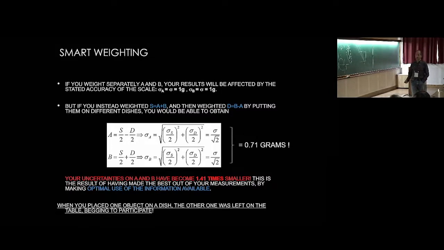Basically, the rationale behind all of this is that when you are weighing one object, the other one is left on the table and is asking you to participate, but you leave it alone, okay? Instead, if you let it participate in your measurement, it affects the extracted information. All right, so this is a very silly example, but it illustrates the point. Error propagation works and gives you a lever with which you can extract better information.